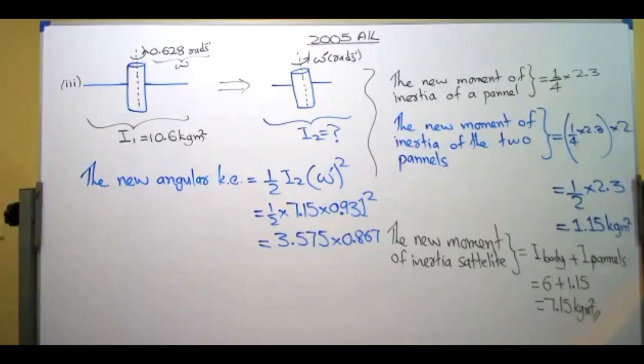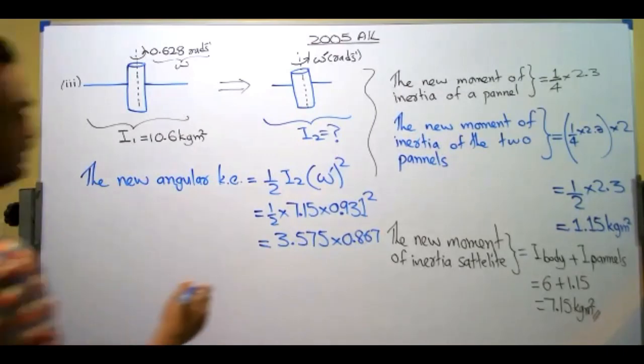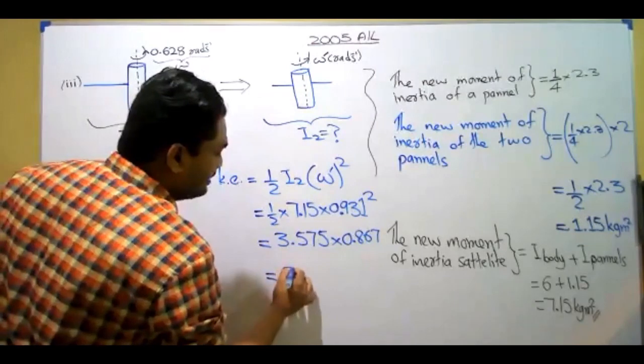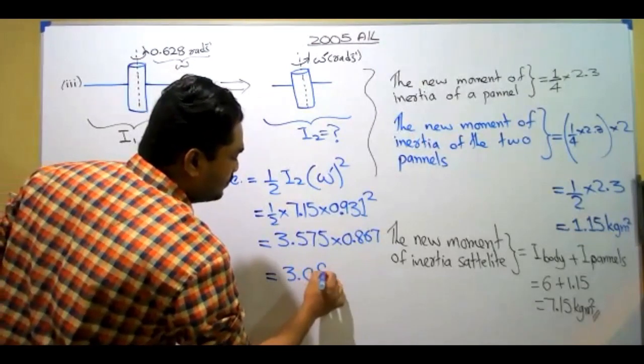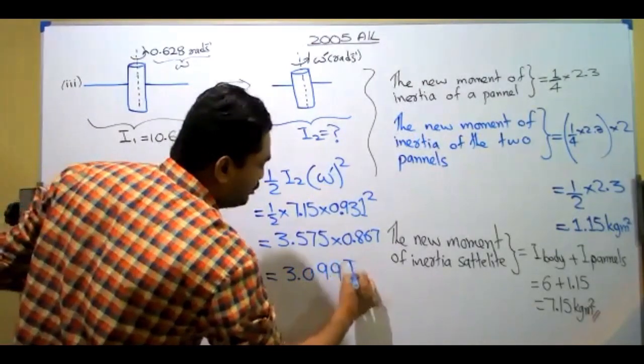Am I right here? Yeah, 3.099. The new angular momentum is 3.099 joules.